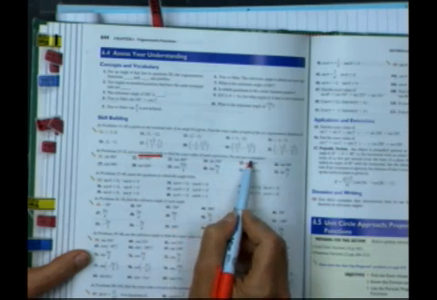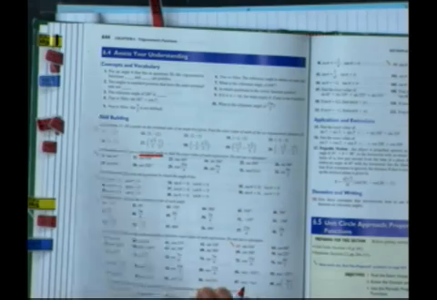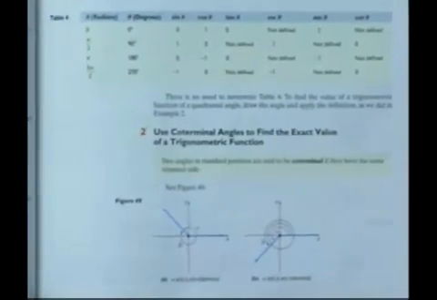Do not use a calculator. So let's flip back in the book to see exactly what the definition of a coterminal angle is. Coterminal is defined on page 637.